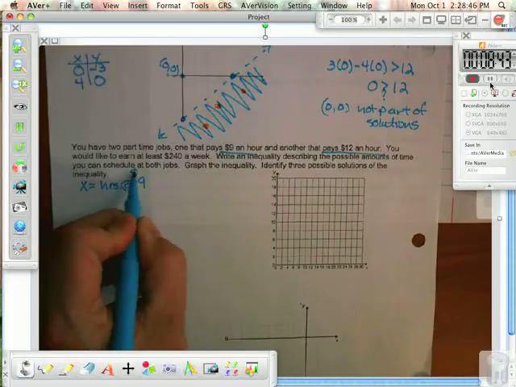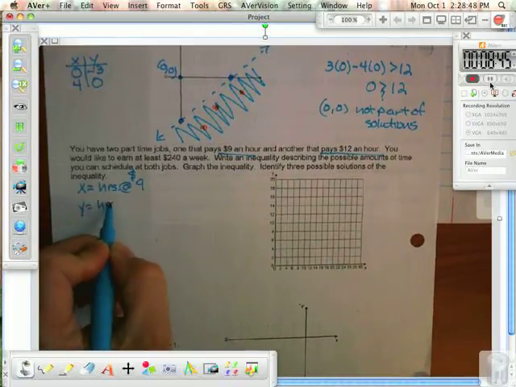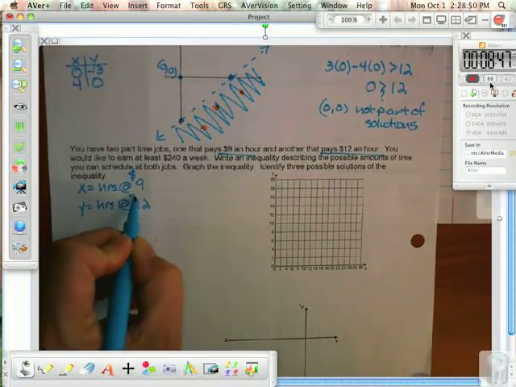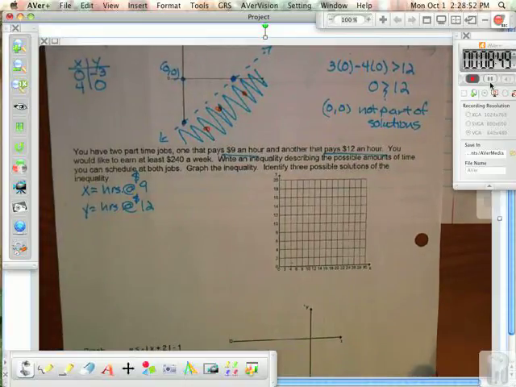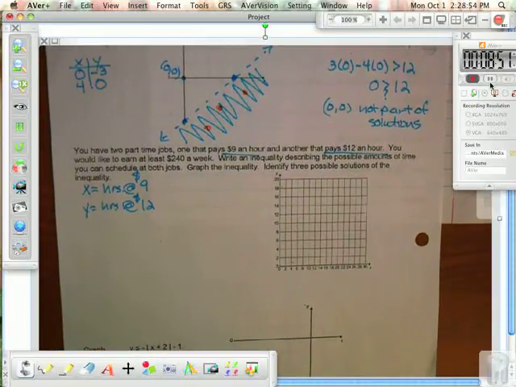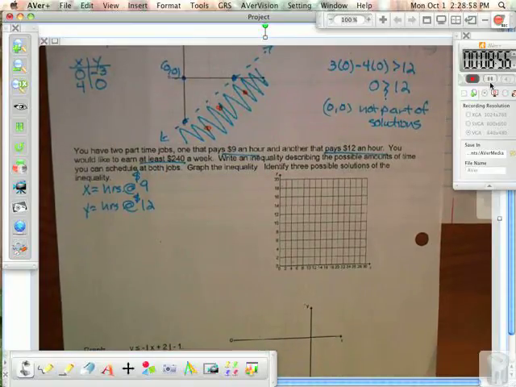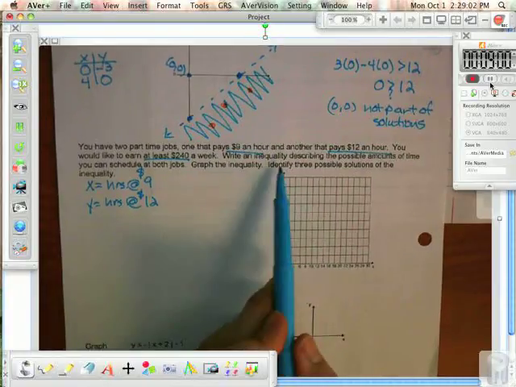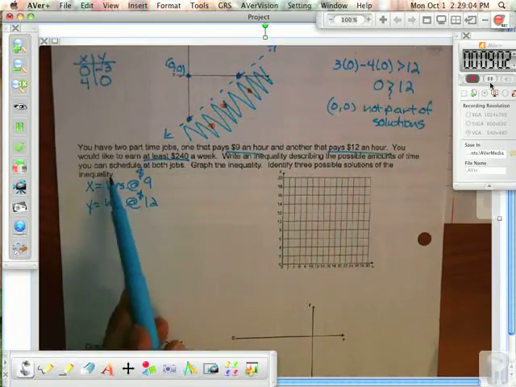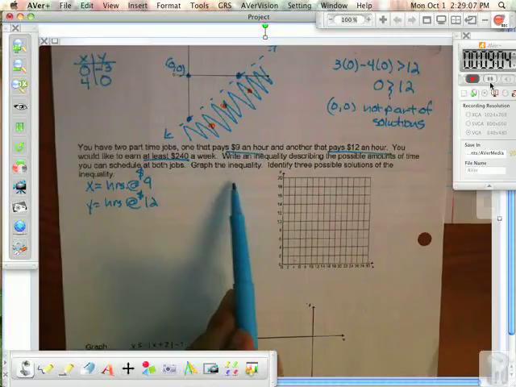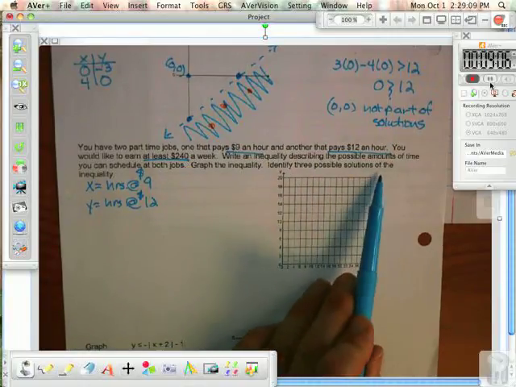Y is hours at $12. How many hours at each, okay? It says you'd like to earn at least $240. That's an inequality speaking to me right there. At least. Write an inequality describing the possible amounts of time you can schedule both jobs. Graph the inequality. Identify 3 possible solutions of the inequality.